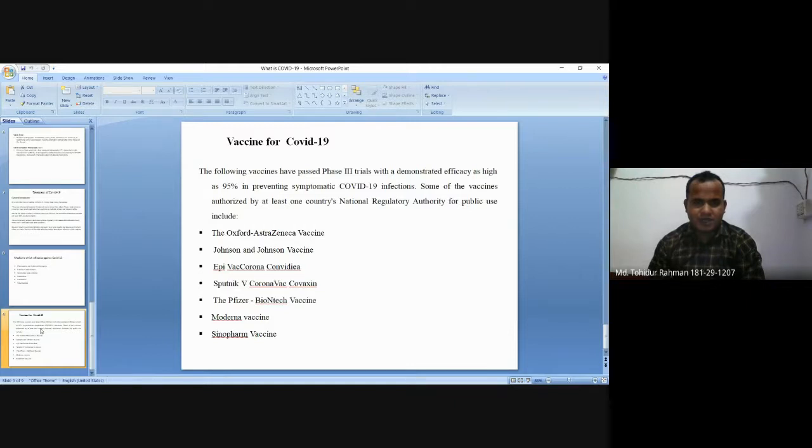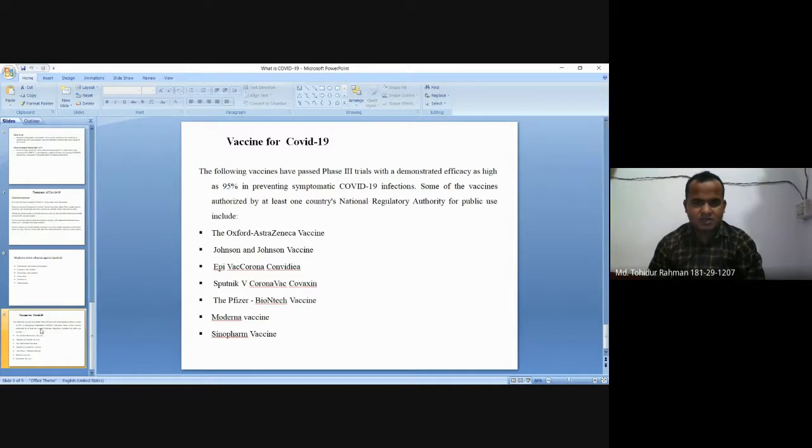The following vaccines have passed phase 3 trials with a demonstrated efficacy as high as 95% in preventing symptomatic COVID-19 infections.